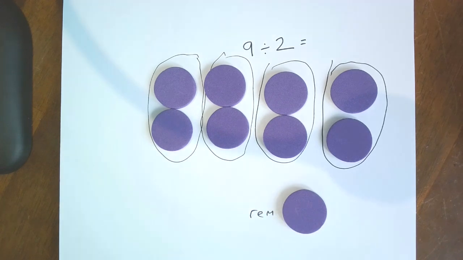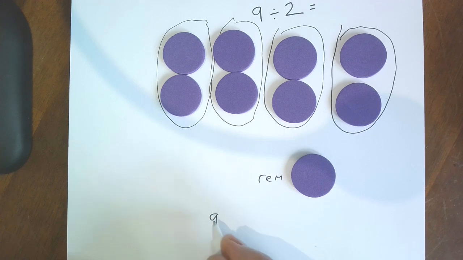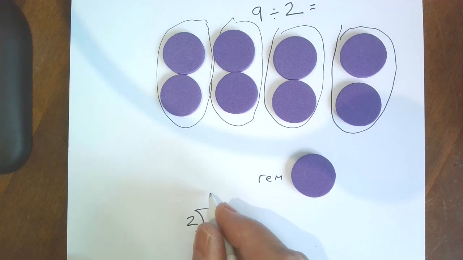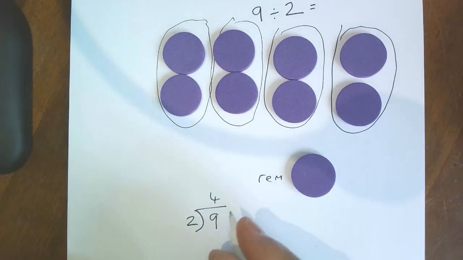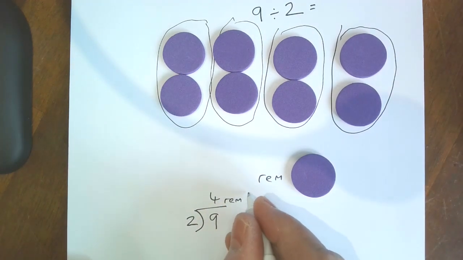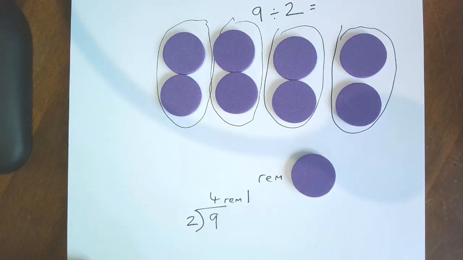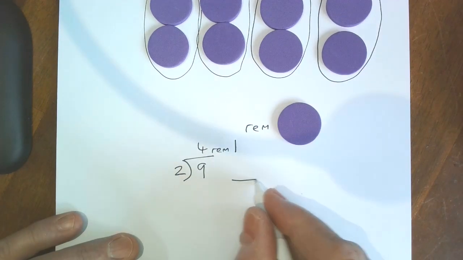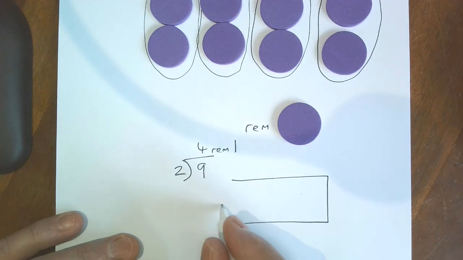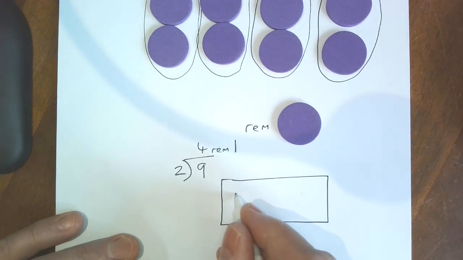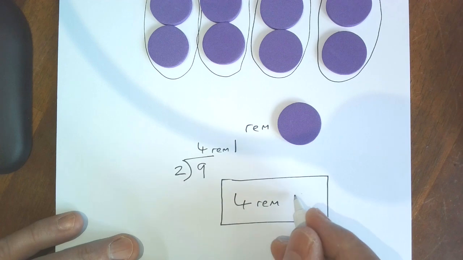So that's the remainder. So we can have 9 divided by 2 is 4, but there's a remainder of 1. So my answer to 9 divided by 2 would be 4, remainder 1.